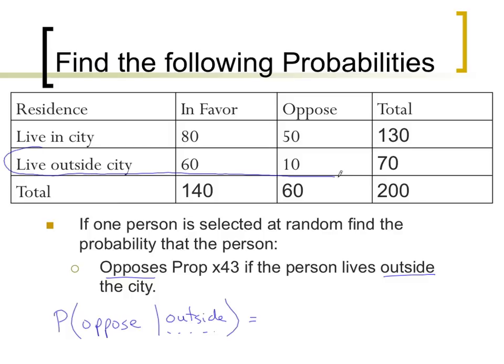It's our only concern, and it narrows down our choices. So we have 70 people that are outside, and of those outsiders, how many oppose? Well, 10 of them oppose. So we have 10 out of 70, or 1 in 7. All right, so that is using conditional probability to solve probability problems involving dependent events.